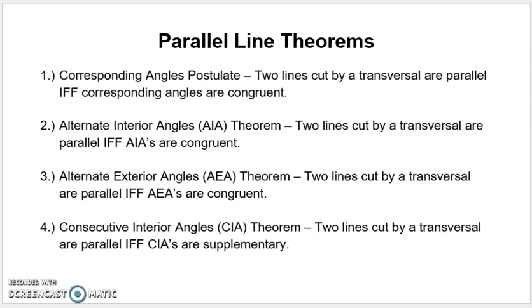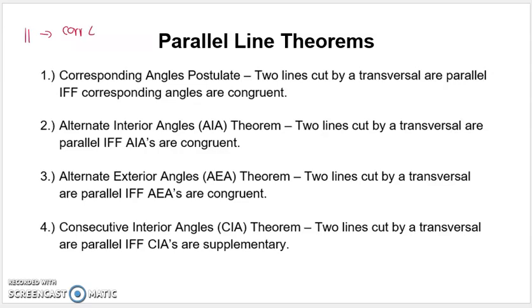Corresponding angles postulate. 2 lines cut by a transversal are parallel if and only if the corresponding angles are congruent. Now, the if and only if means that if the 2 lines cut by a transversal are parallel, then the corresponding angles are congruent. So in other words, it goes from parallel lines to congruent corresponding angles.